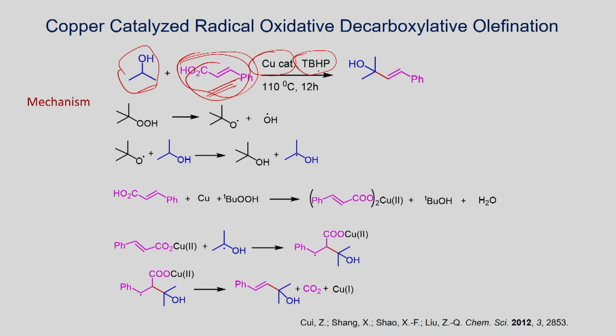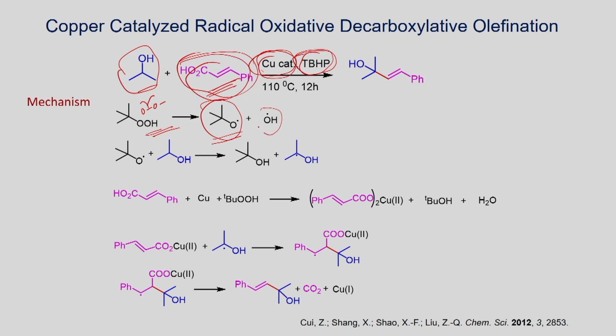So, in this reaction, now let us look at the mechanism of this transformation. In the presence of a catalytic amount of copper, tertiary butyl hydroperoxide can undergo cleavage. Again, you have the oxygen-oxygen bond which can undergo cleavage, and you will be able to form the tertiary butoxide radical.